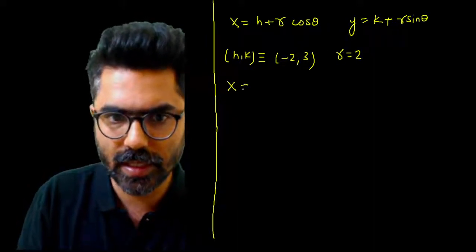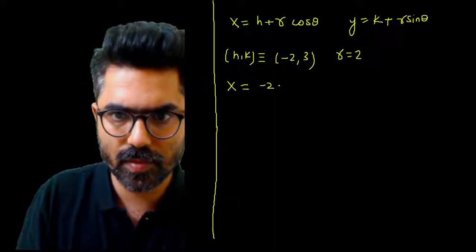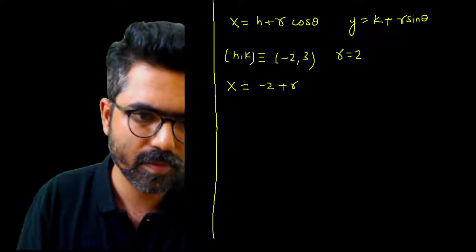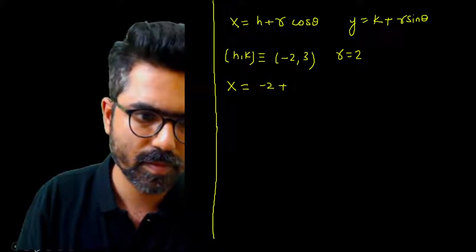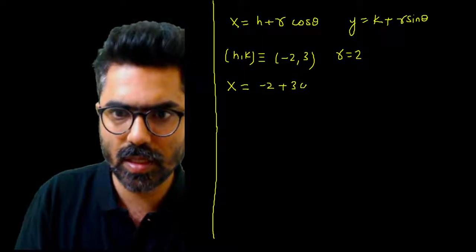Let's write that. x is equal to h, which is minus 2, plus r cos theta.